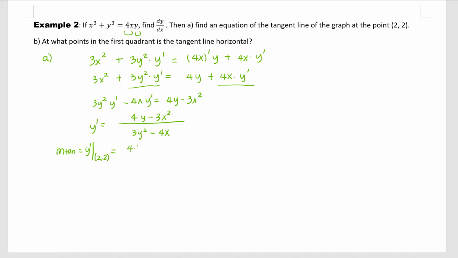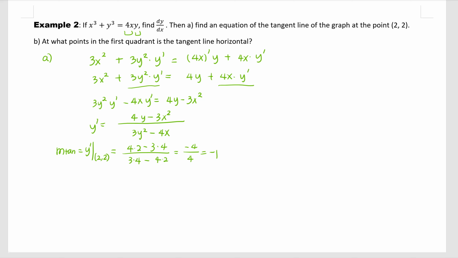Well, 4 times 2 minus 3 times 2 squared, 4 minus 4 times 2. So 8 minus 12 is negative 4, over 12 minus 8, which is 4. So the answer is minus 1.